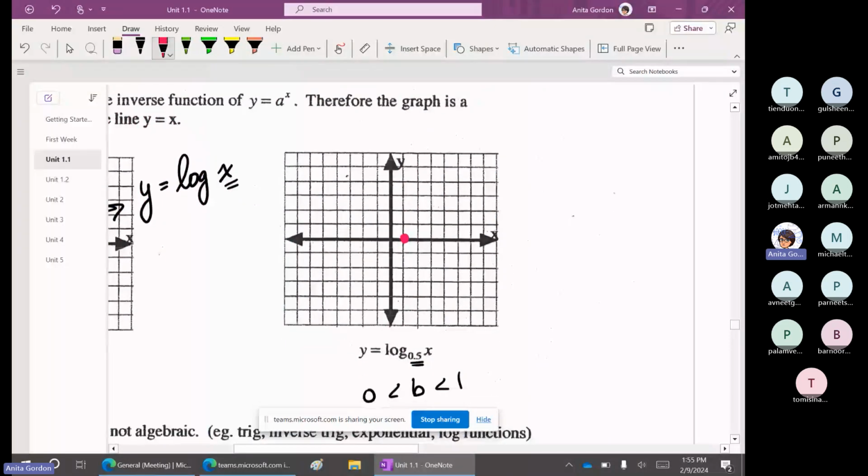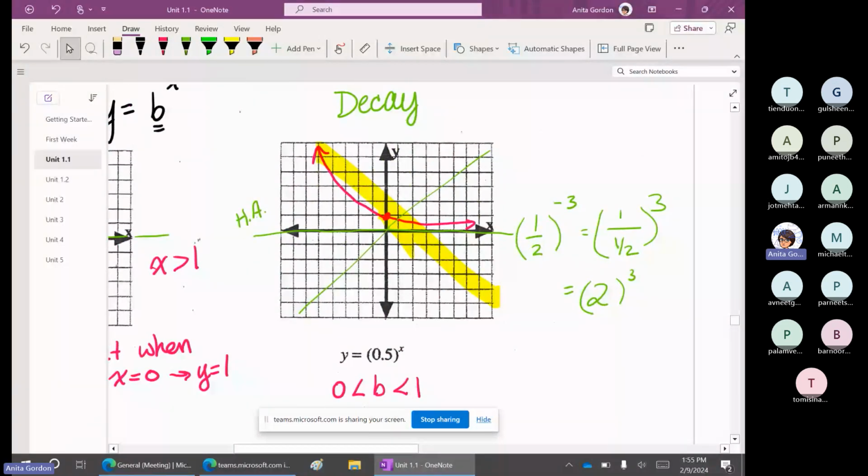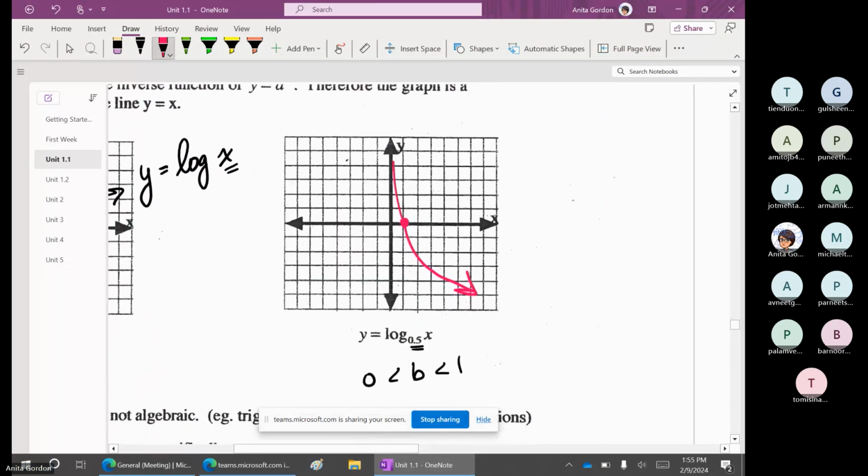Down and to the right. Okay, so like this. The second half in the first quadrant right now is going down and to the right. If I flip it over that diagonal line, where is it going? Up and to the left. There it is. And we are still going to have a vertical asymptote at x equals 0.